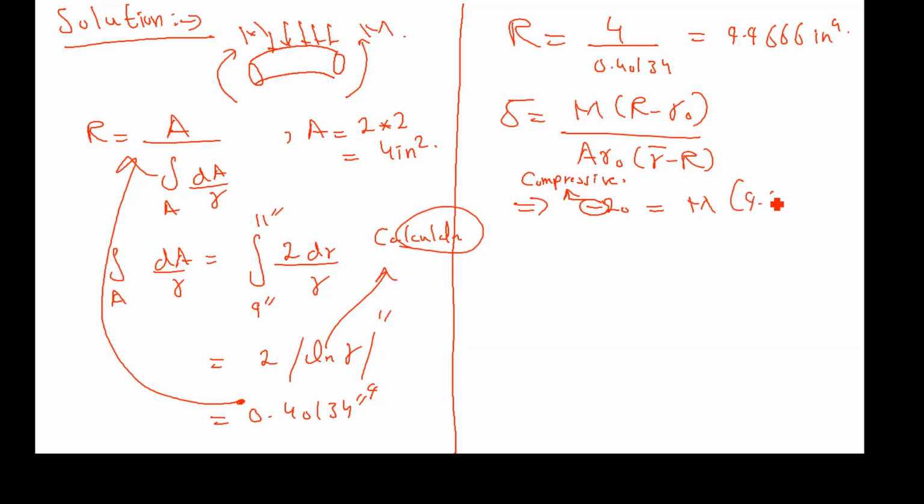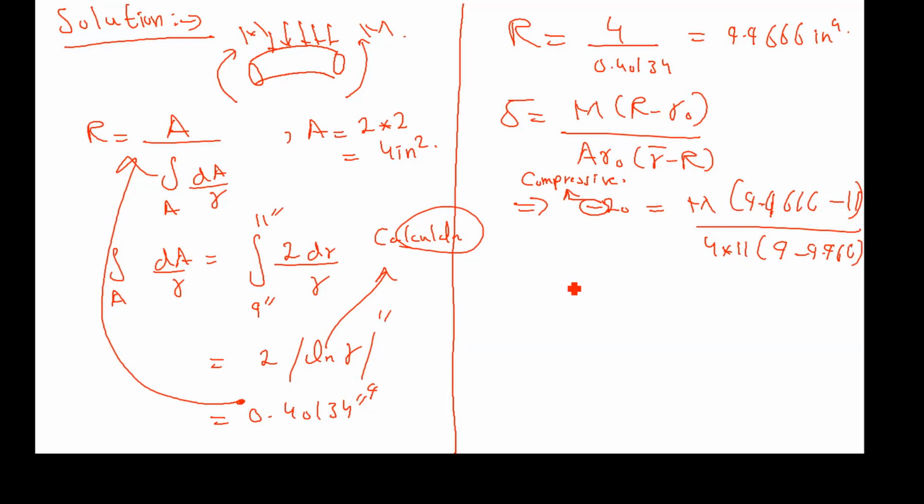So M into (9.9666 minus 11) divided by 4 into 11 into (10 minus 9.966).